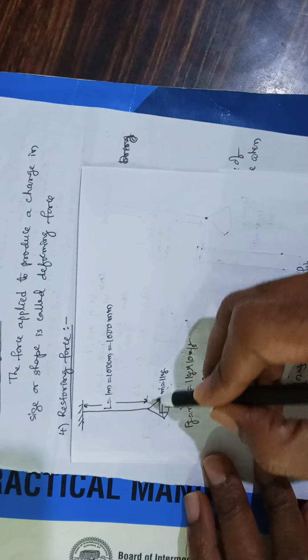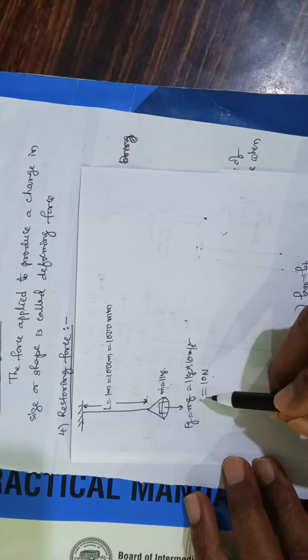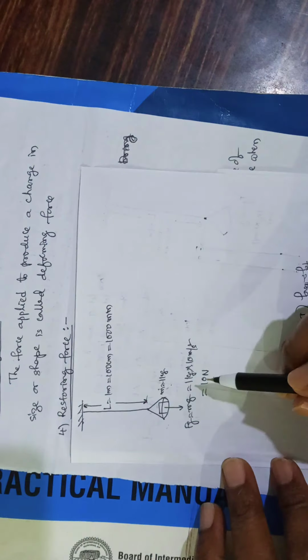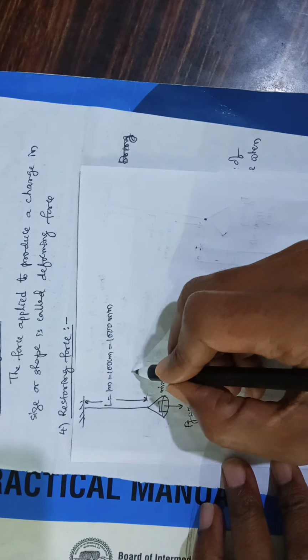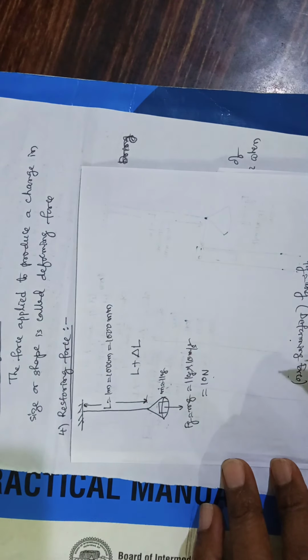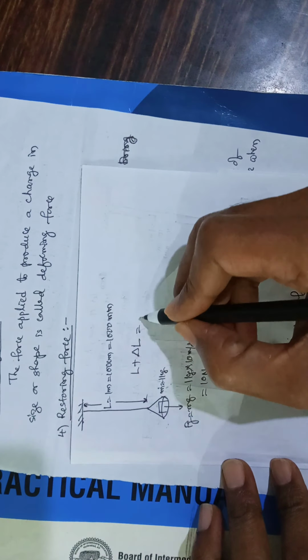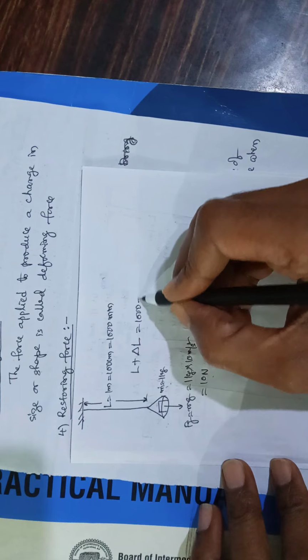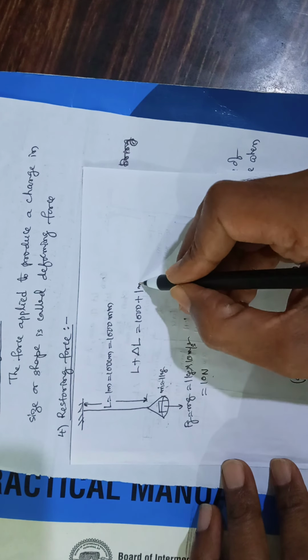Now, after applying this force, once again you measure the length. This time the length is not L but L plus delta L, that is 1000 plus 1 mm.